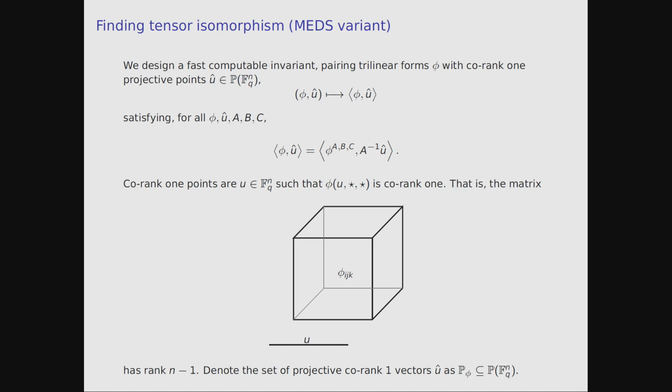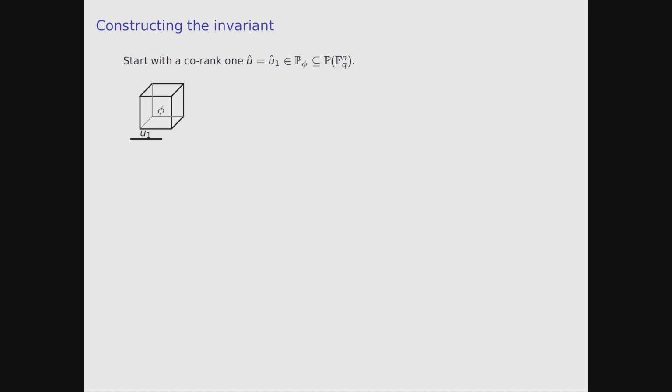OK. So what is it good for? So I'm going to start with a random co-rank 1 point, u. And I'm actually going to call it u1 because I'm going to iterate. So what I'll do is I'll start with a tensor and u1. And by design, u1 is co-rank 1, right? So if I look at the inner product between the tensor and the vector, I get a matrix.